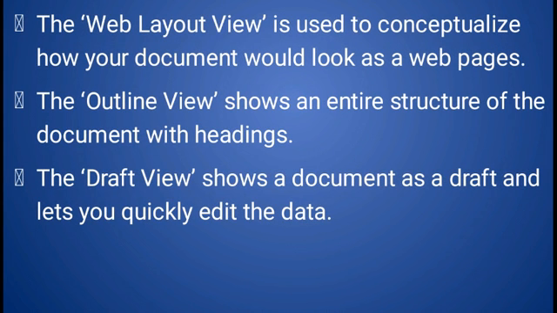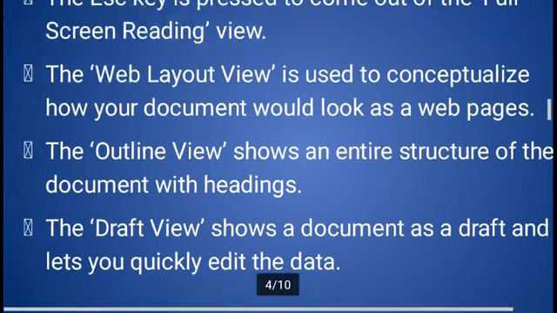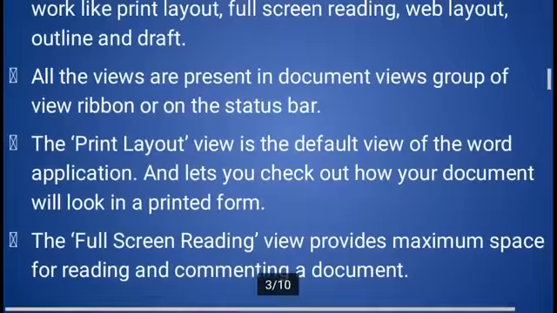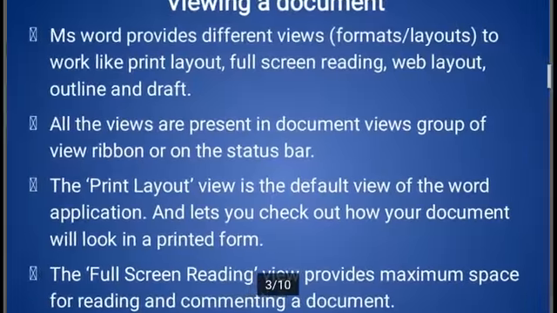It means less formatting, less designing, only textual content, maximum textual content you can see in the draft view. It is a faster view because minimal graphics capability is available. Only textual data you can see, and you can perform your work quickly with the help of draft. So you can see draft view, outline view, web layout view, full screen view, print layout view. Different kinds of views.